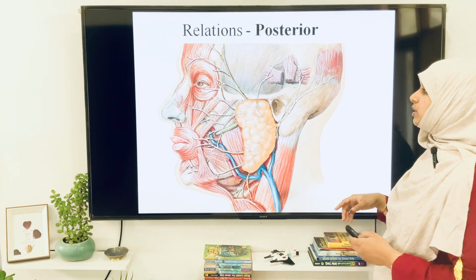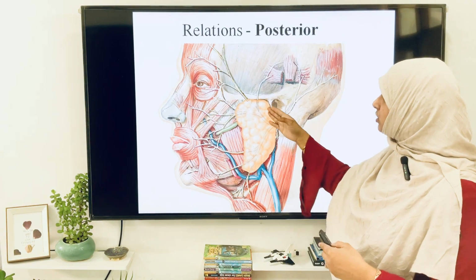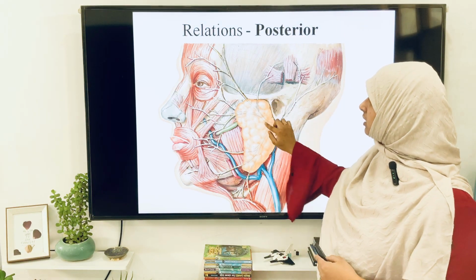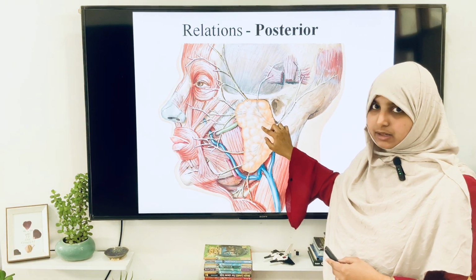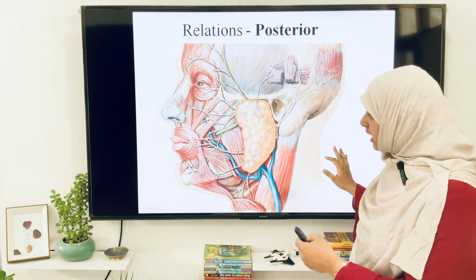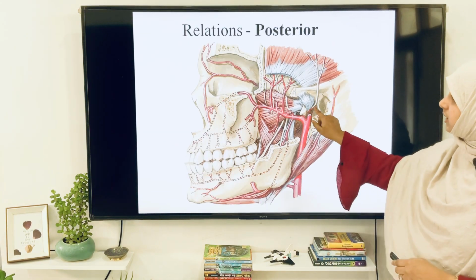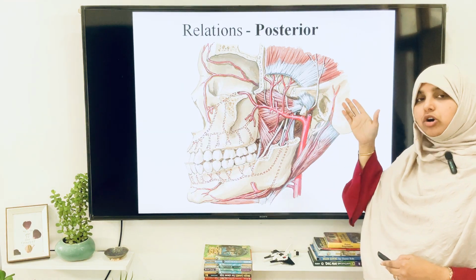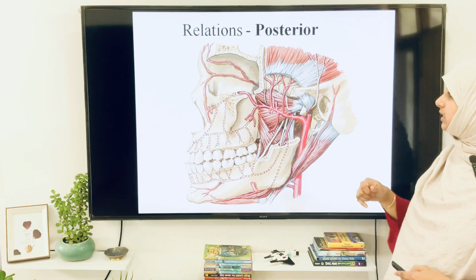Next, posteriorly, who is related? As you can see, very easily we can find out that posteriorly there is part of the parotid gland related. Then posterior to that the external acoustic meatus is related, and further posteriorly, as we saw earlier, the auriculotemporal nerve is related.